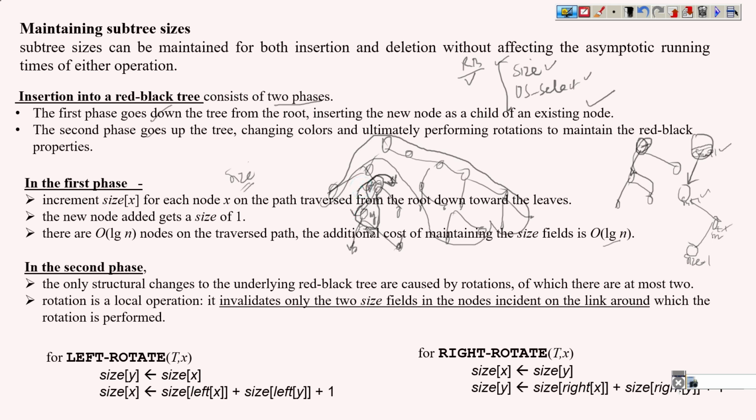That means it's a kind of constant work. We are not going to do it for every node. Just two nodes we have to operate on, and we are just setting the two fields. So we need to only set the size field for these two nodes.